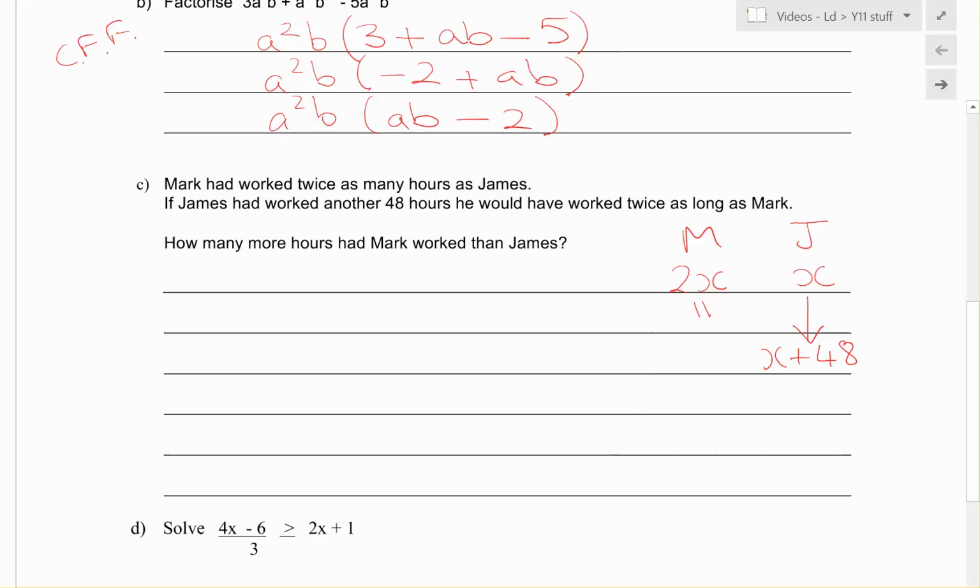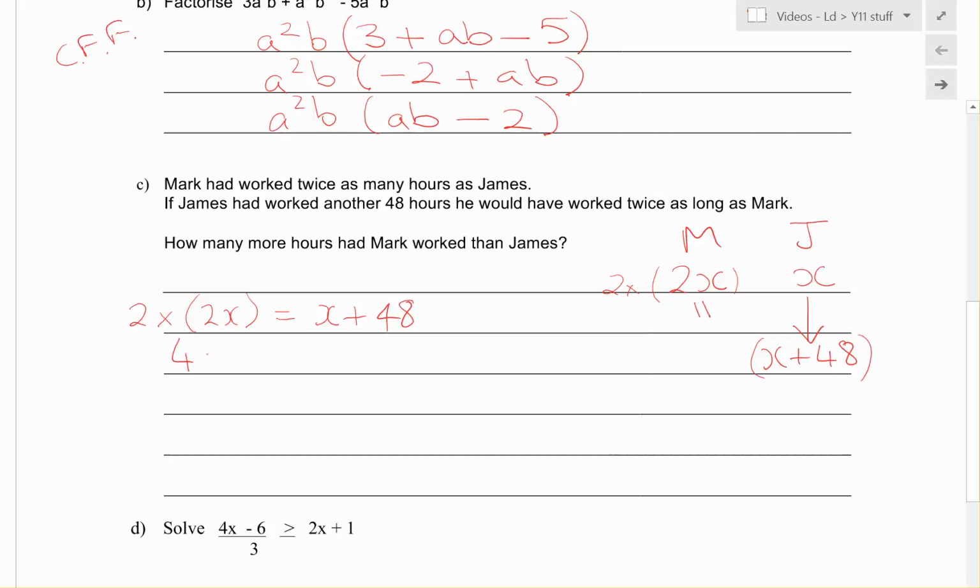Twice as long. So it would be double what Mark did. So 2 times what Mark did would be the same as James if James had done an extra 48 hours. So that's quite complicated, but what we're saying is if we double the number of hours Mark worked, it would be the same as James if he'd worked another 48 hours.